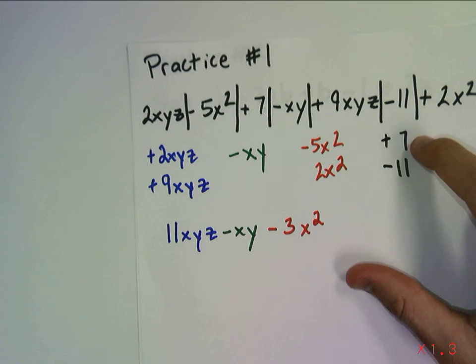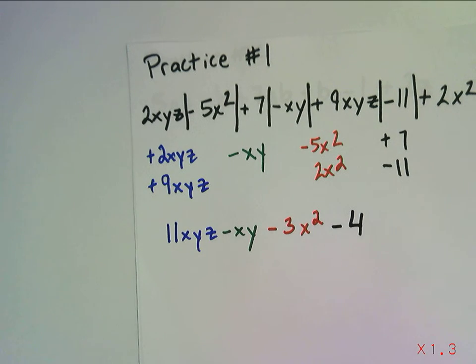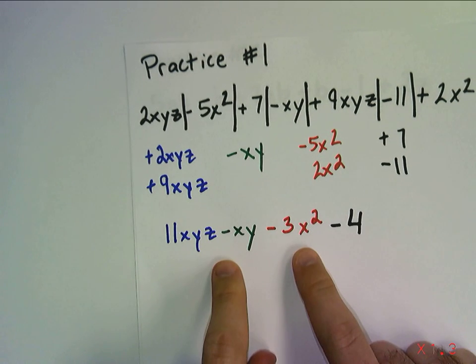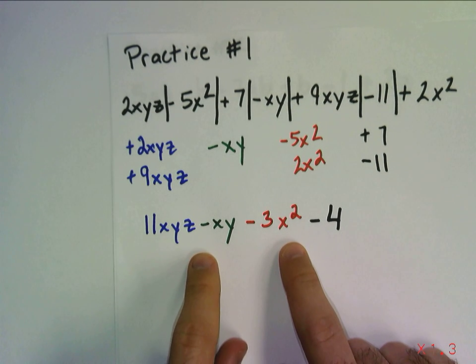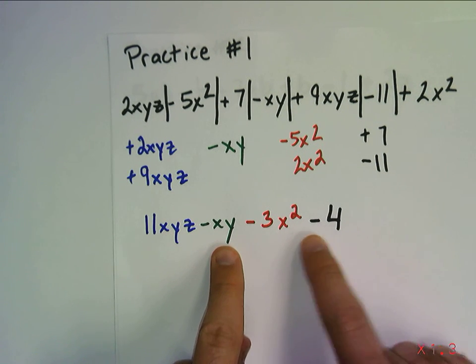And then positive 7 minus 11 would give me a negative 4. So my final expression, where I can't simplify anymore by combining like terms, would be 11xyz minus xy minus 3x squared minus 4.